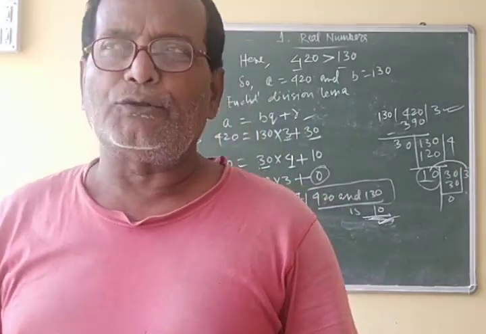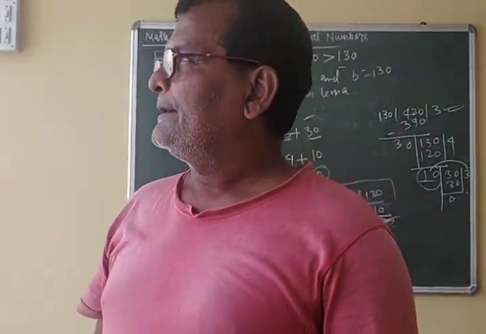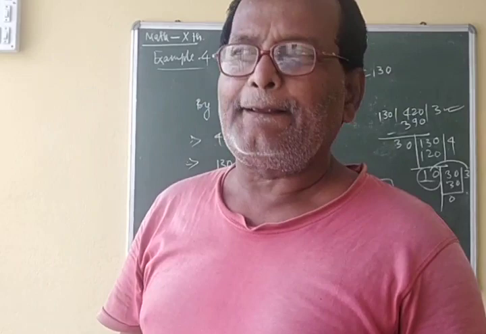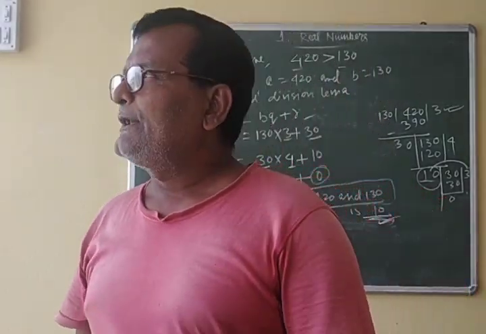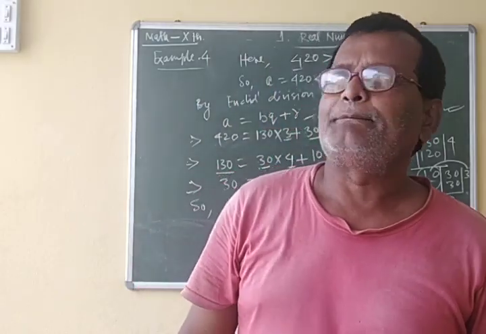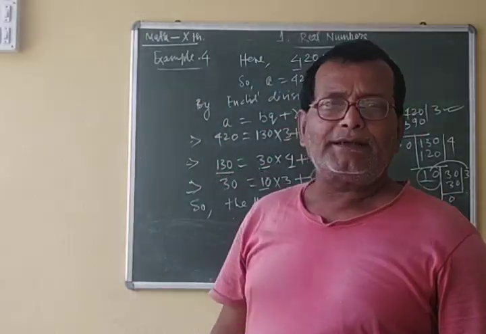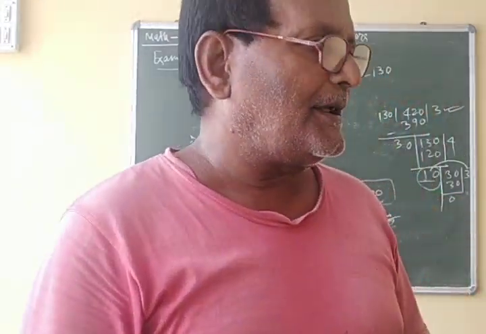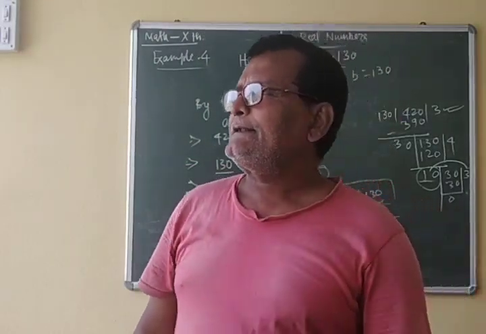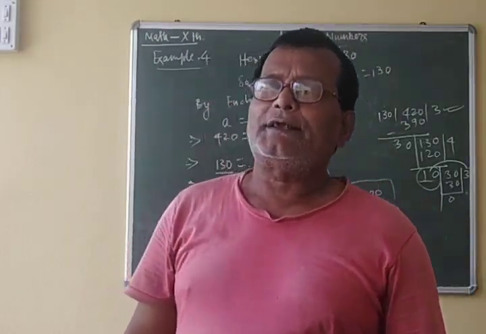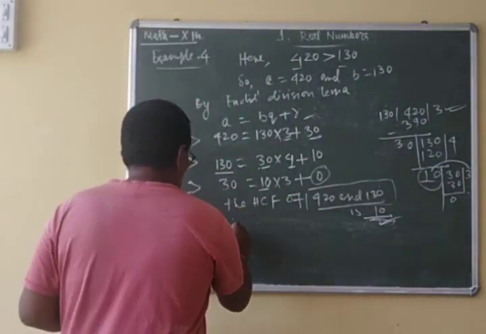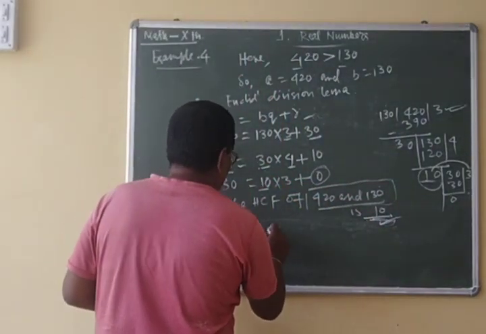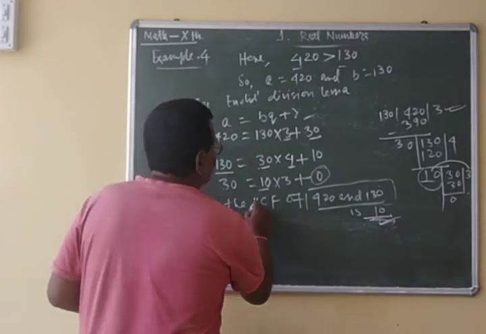You have asked about theorem 1.1, to prove it. Theorem 1.1: for any two given integers a and b, there exist numbers q and r such that a is equal to bq plus r.